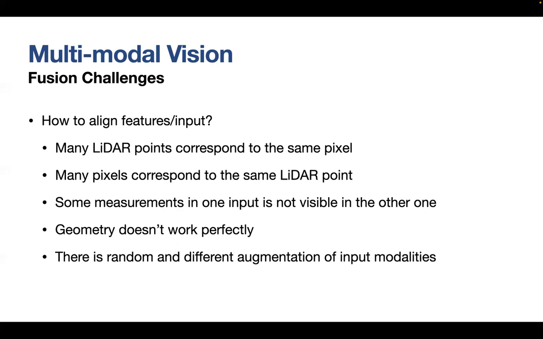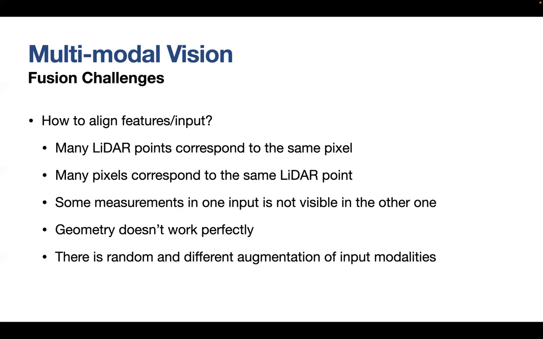And one of the biggest challenges is data augmentation, which, as we know, is usually one of the best methods to increase the performance of our network a little bit, to give it some kind of invariance features. For example, in images, we do random crops, random flips, maybe rotations. In point clouds, we do other things such as translations, rotations, and things like that. But usually they're not corresponding to each other, so we cannot apply the same transformation to the LiDAR and to the image.